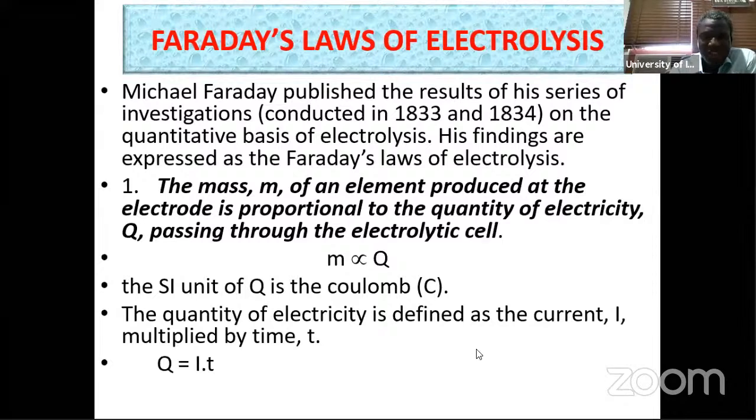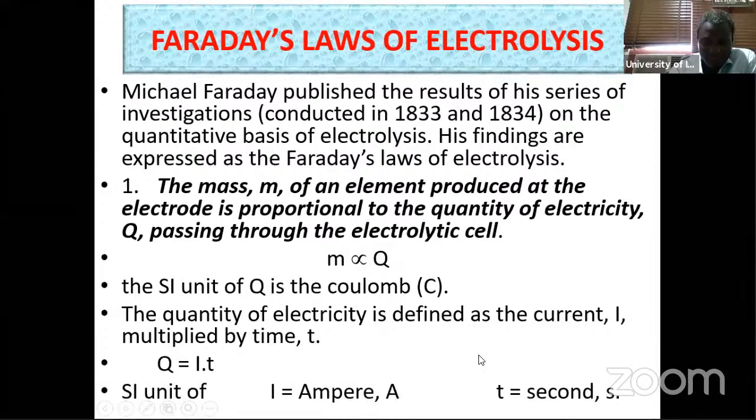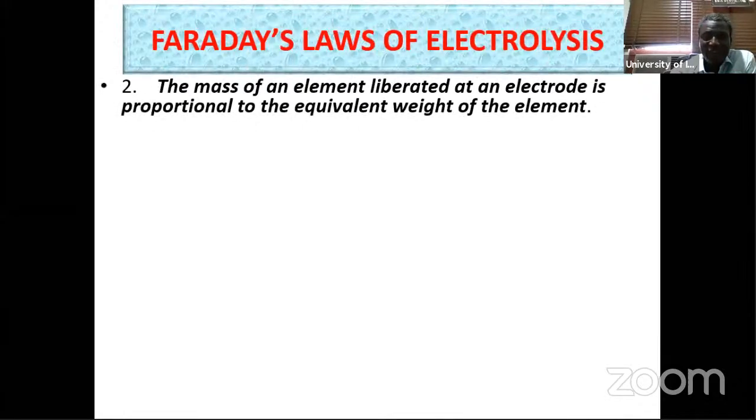And the standard unit of I is ampere and that of time is second. So even when you have your time in hours or days, you have to convert to seconds. So going on from that first law, the second law simply says that the mass of an element liberated at an electrode will be proportional to the equivalent weight of the element.